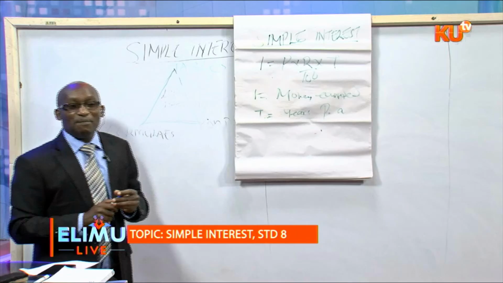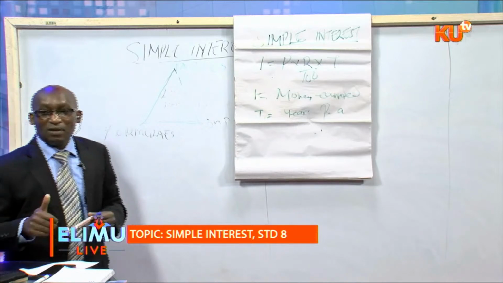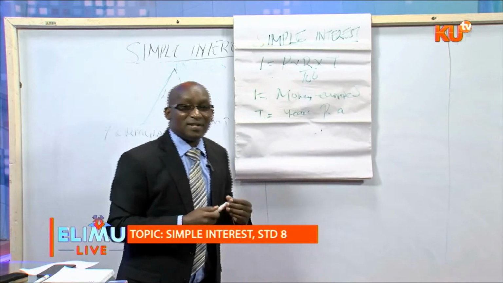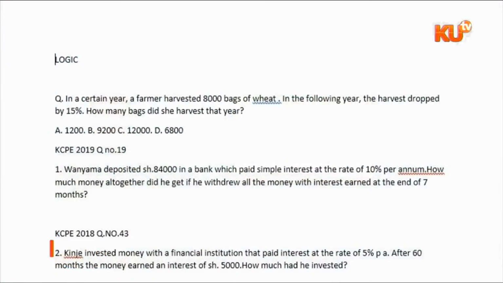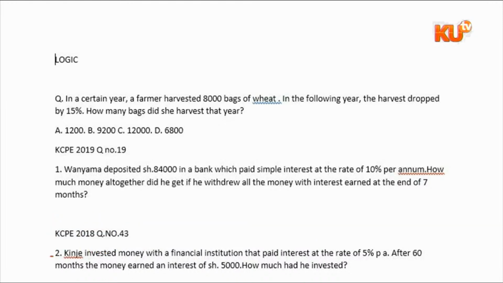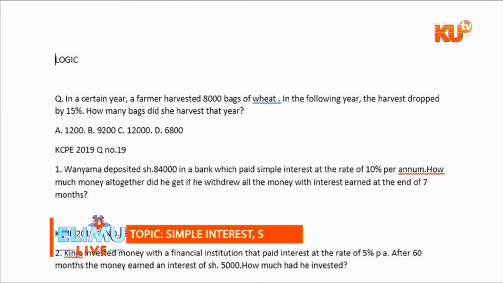Let's look at the first example. First example on simple interest, whereby we are told that Wanyama deposited 84,000 in a bank, which paid simple interest at the rate of 10% per annum.